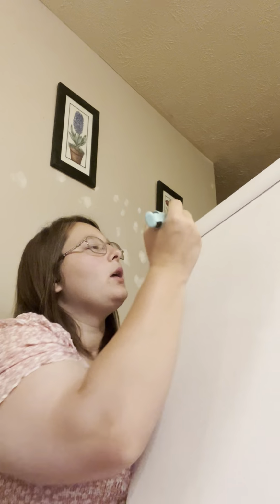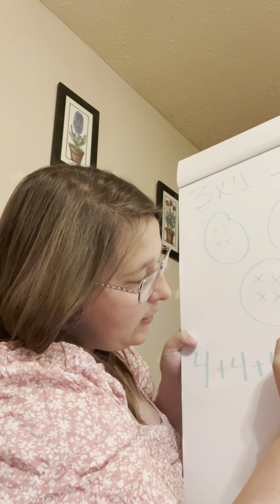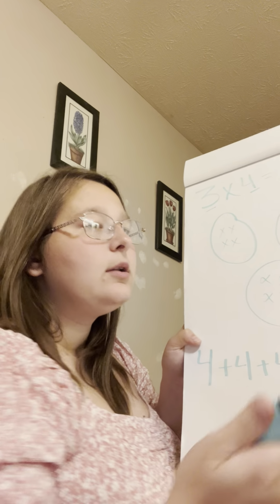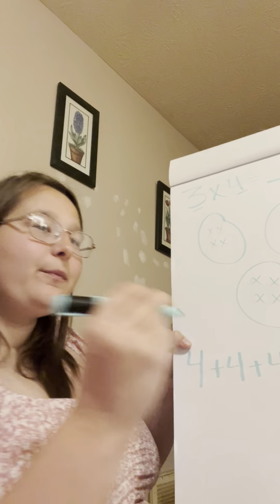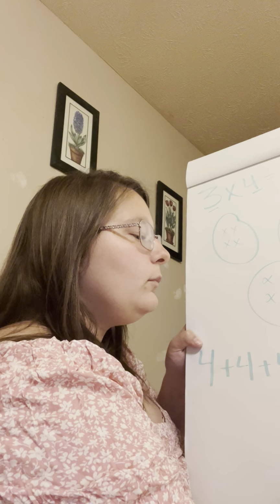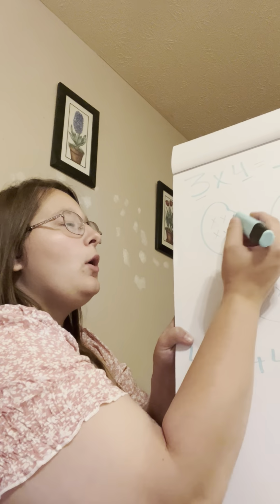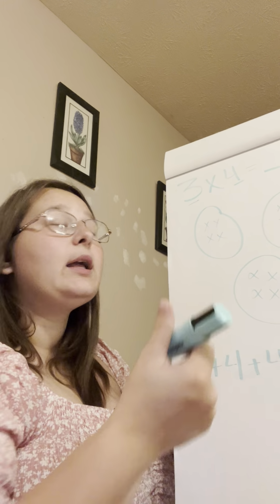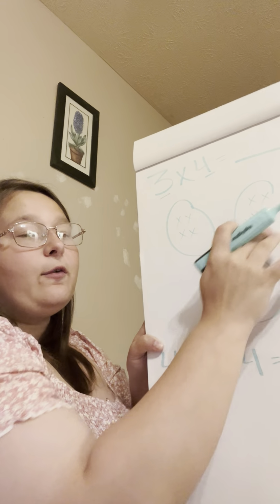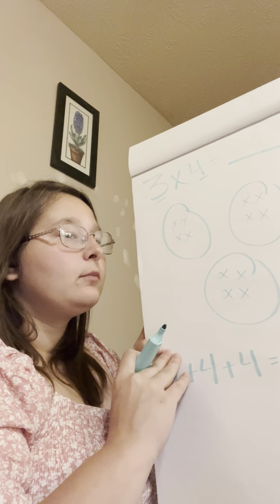Now we can solve this by using repeated addition. What it means to use repeated addition is we're going to take our 4 and add it together 3 times to get 12. Now, you might ask how we did this. Well, we had our 3 groups, and each group had 4 equal pieces.